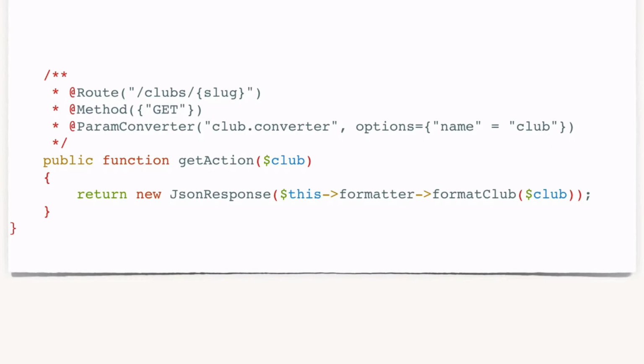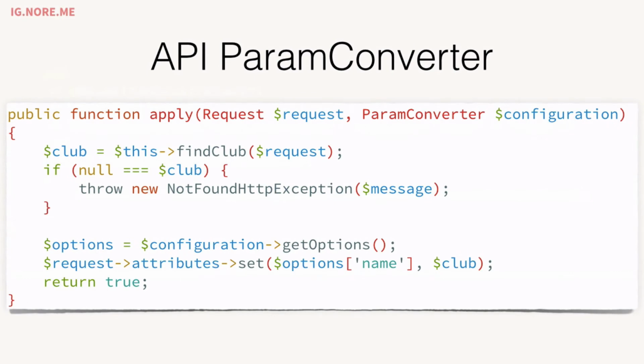How does it then actually look inside that service? Well, the service extends, or rather implements, a specific interface, and the most important method in there for our discussion here is the apply function. Basically what this does, in this example actually, is retrieve the club.